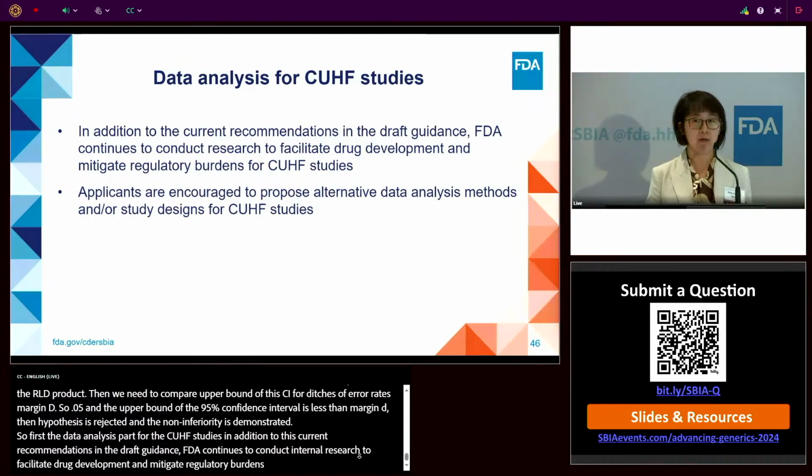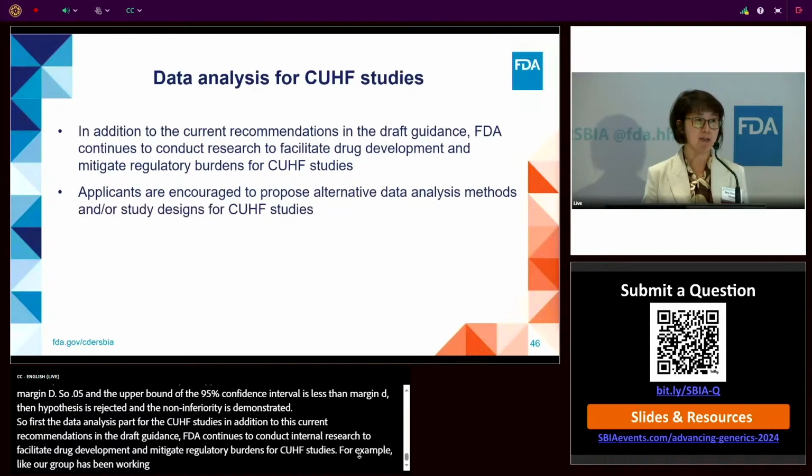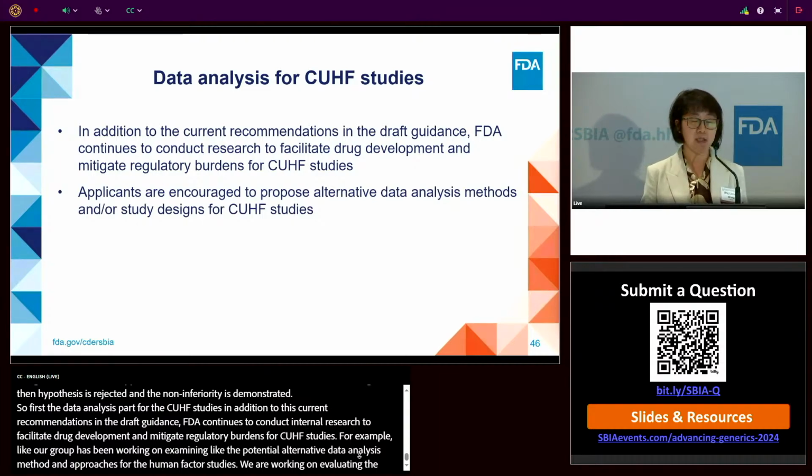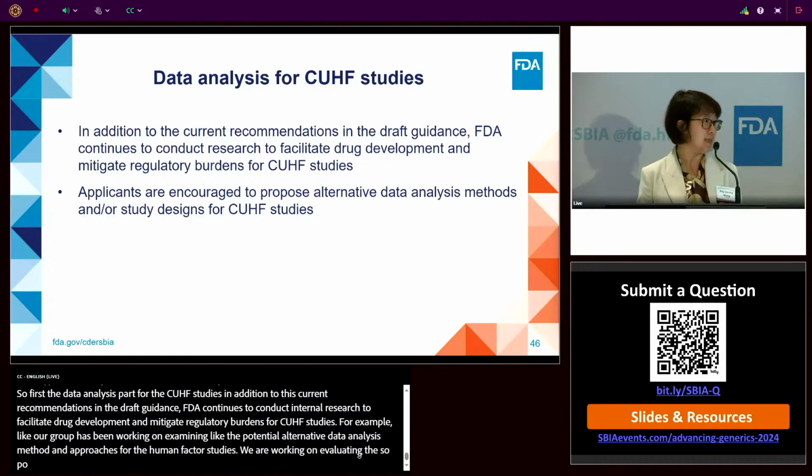For example, our group has been working on examining potential alternative data analysis methods and approaches for the human factor studies. We are working on evaluating the performance of different alternative methods. So the applicants are also encouraged to propose alternative data analysis methods and study designs for the human factor studies.